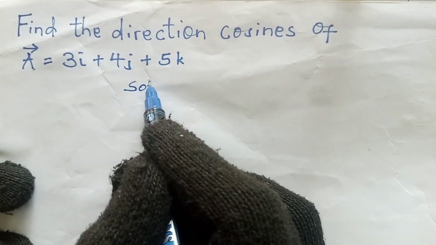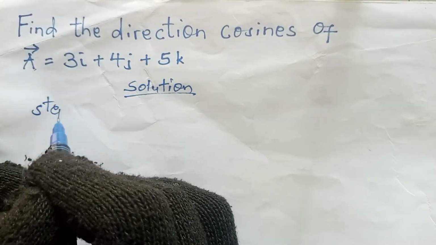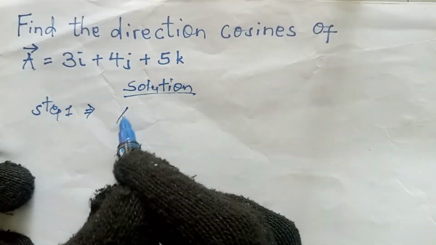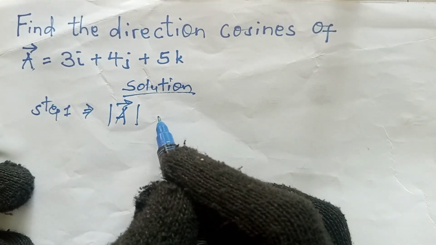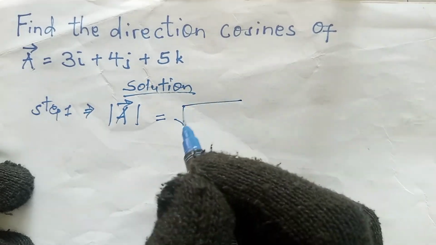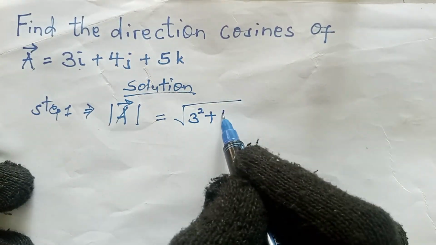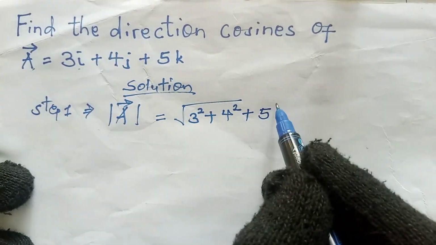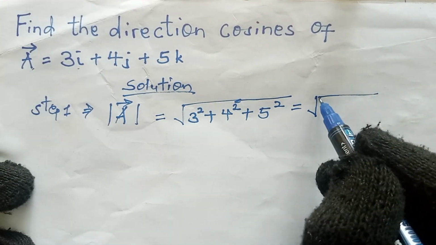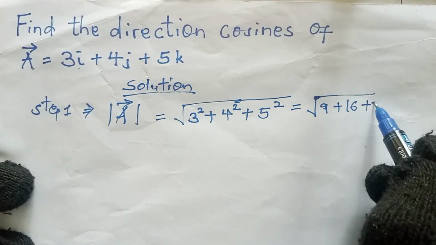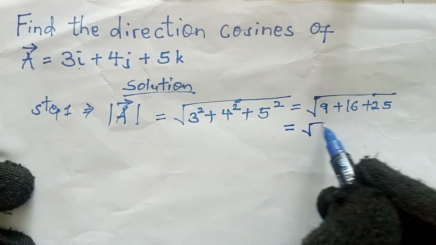So the solution, the first step is to find the magnitude of the vector A. And the magnitude of vector A is given by the square root of 3 square plus 4 square plus 5 square, which is equal to the square root of 9 plus 16 plus 25, which is equal to the square root of 50.